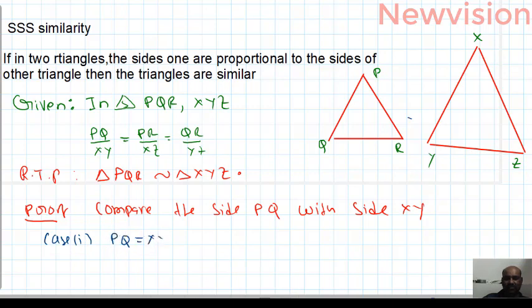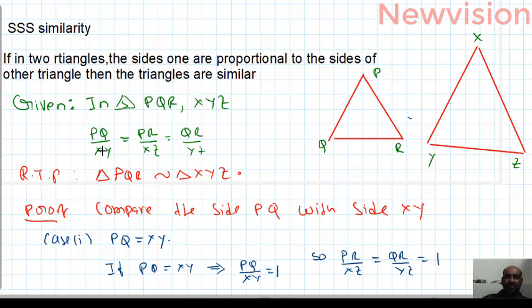If PQ is equal to XY, this implies PQ by XY equals 1. Already PQ by XY is equal to all this, no? So PR by XZ equal to QR by YZ equal to 1 only.